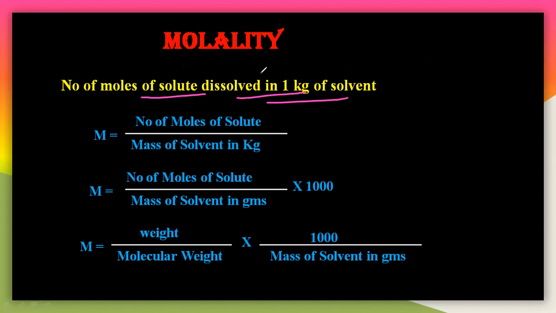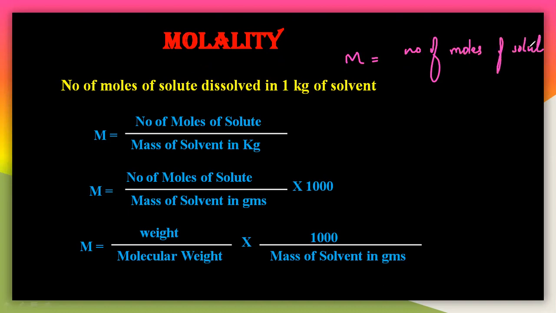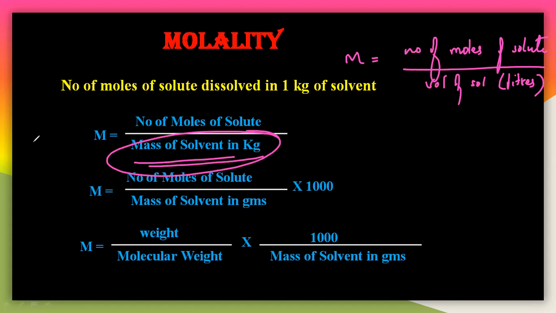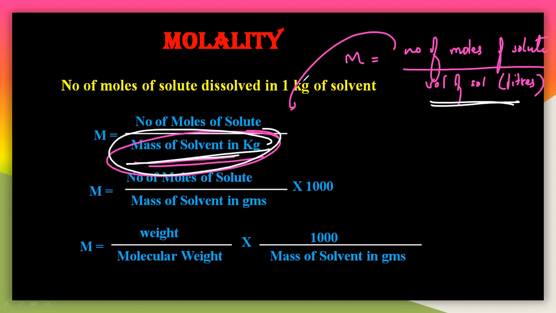Molarity, capital M, is the number of moles of solute by the volume of solution in liters. In molality, the numerator, the number of moles of solute, is the same, but the difference is that here it is the mass of solvent in kg instead of the volume of solution in liters. That means you have to consider the solvent. Remember this, it is very important.